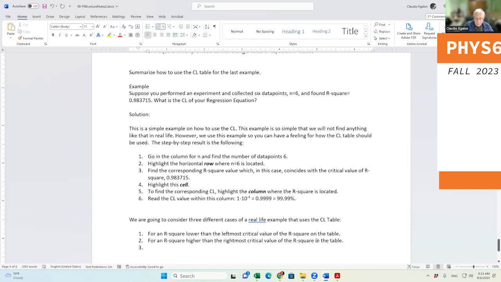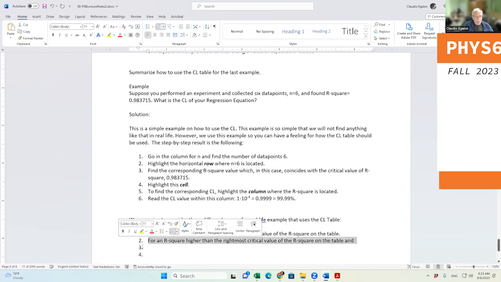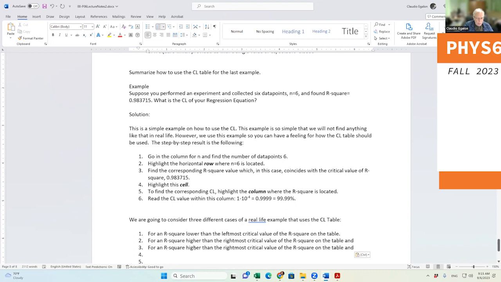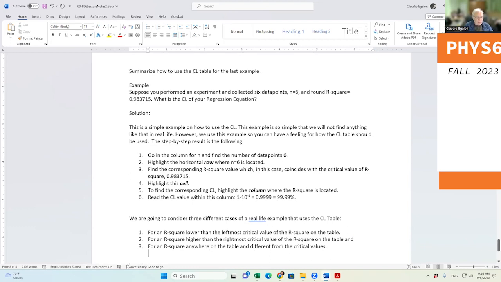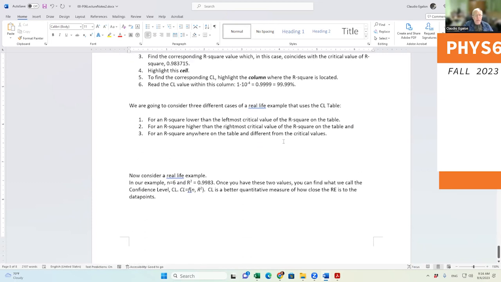Case 3: an r square anywhere on the table, different from the critical values. Those are the 3 cases. Very simple, right? We don't have 1,000 cases. We have only 3 cases in which you have to worry about this table.